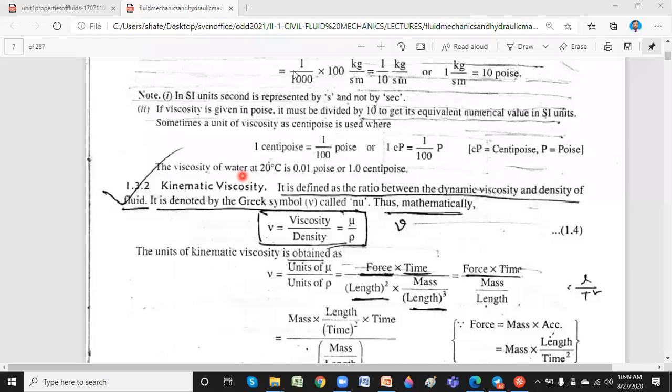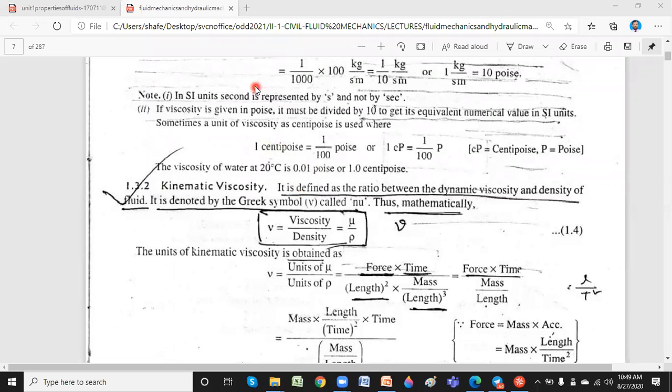Okay, so in the case of viscosity of liquids, whenever the temperature increases, then obviously the viscosity of liquids goes on decreasing. Okay. So that's about viscosity and temperature.